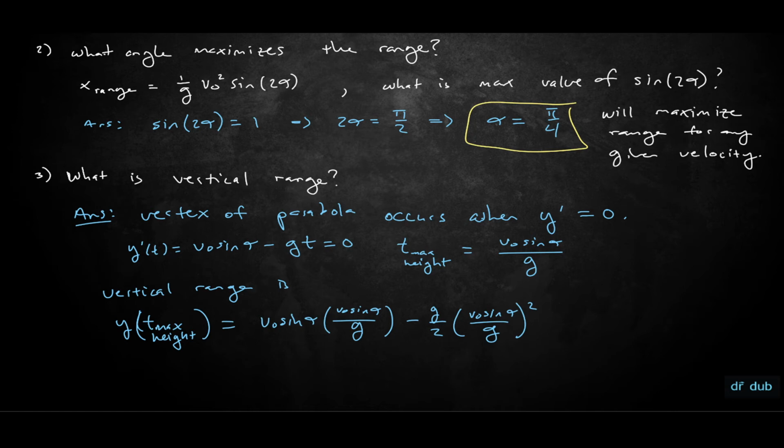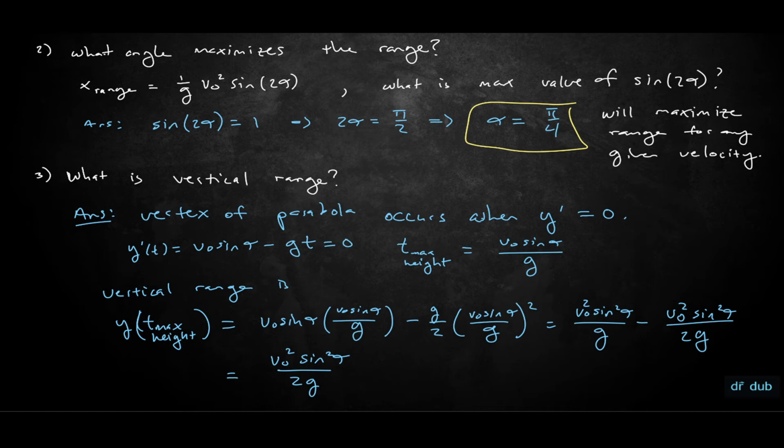Do some algebra, we get v0 squared sine squared alpha over g minus v0 squared sine squared alpha over 2g. The g squared cancels with the g out front, so the 2 in the denominator is the only thing left, and the g stays there. We can combine that: 1 minus a half is 1/2. So the answer here is v0 squared sine squared alpha over 2g. And that's the y range.